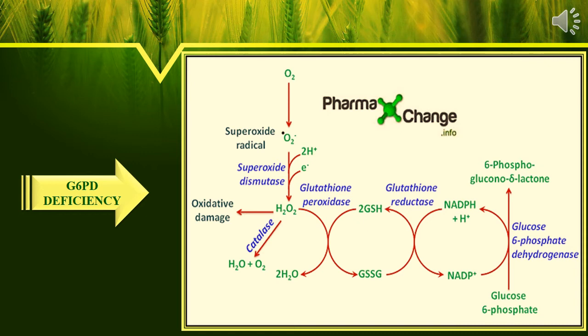If it is absent or a deficiency occurs with the enzyme, the formation of NADPH is reduced. Thereby, the reduced form of glutathione will not exist. It will be converted to the oxidized form of glutathione by means of glutathione peroxidase. And this increases reactive oxygen species in the cell, so it causes oxidative damage.